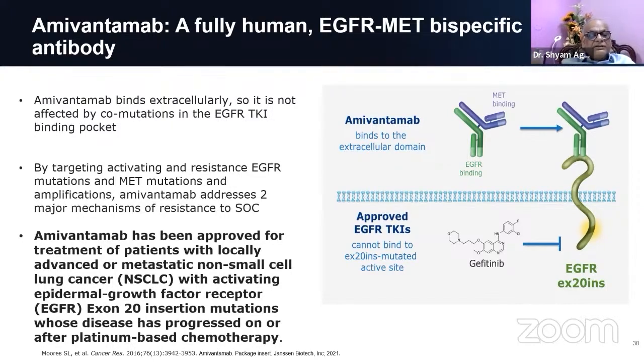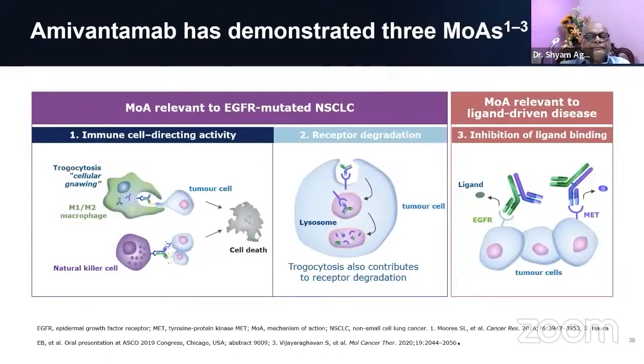So I think this is the old guideline, which states that patients are approved for amivantamab once they have progressed on chemo, when we are looking at exon 20 insertion mutation patients. Next is the old guideline. So this is interesting. I learned something new. Amivantamab has demonstrated 3 mechanisms of action.